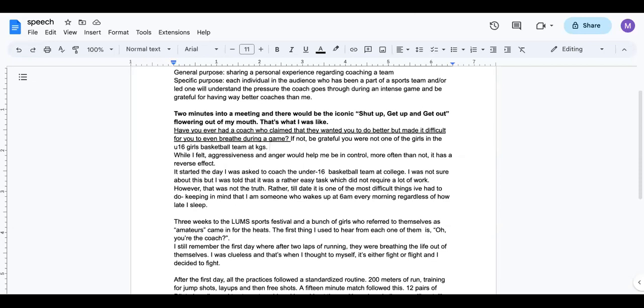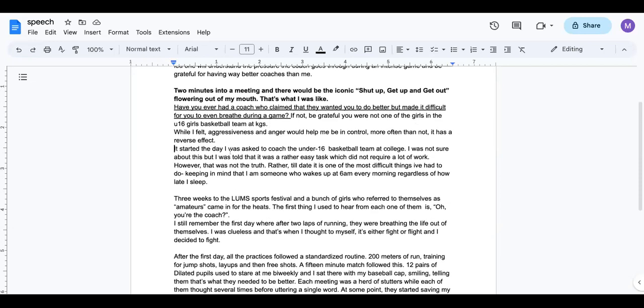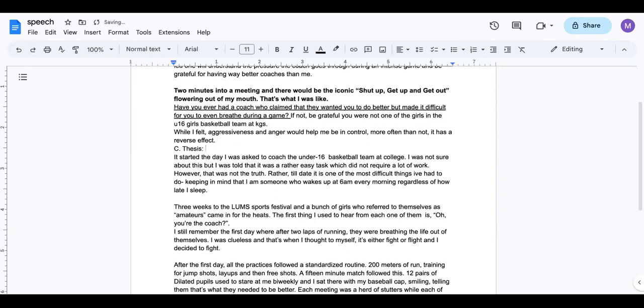Now the third part of the sample says thesis. Now what the thesis statement is, I am going to copy the third part over here only because it's difficult for me. So your thesis statement is your summary of what you're going to be telling.